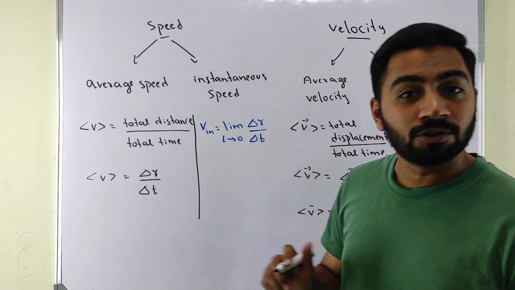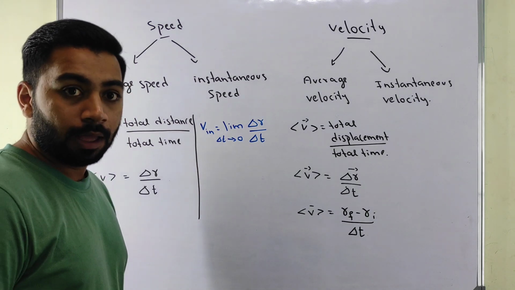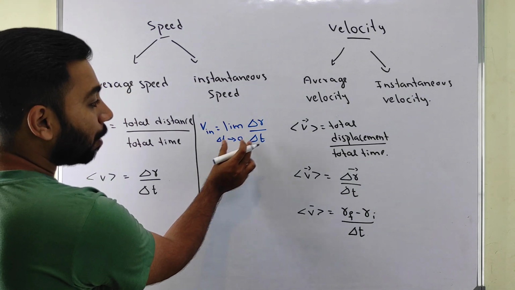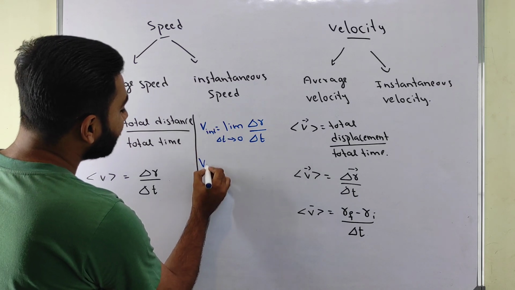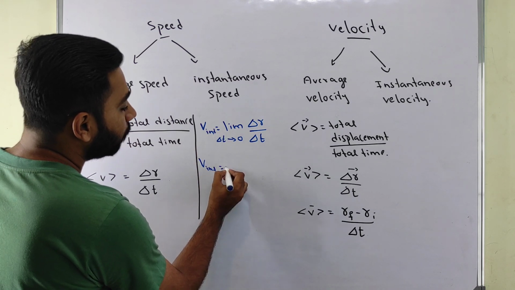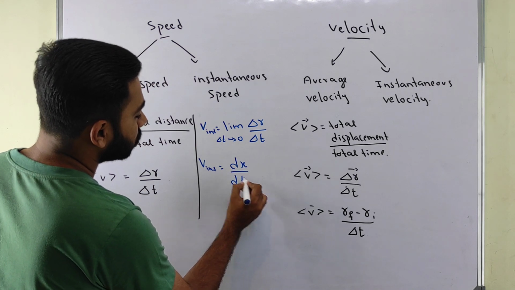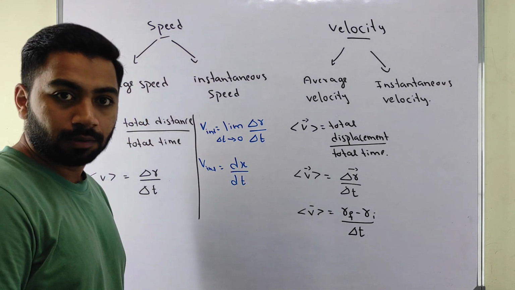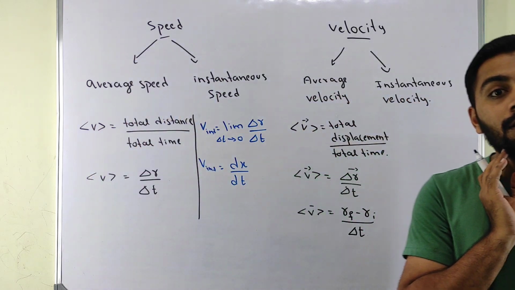Instant means approximately equal to 0, which means your time is almost equal to 0. When I write the limit as time tends to 0, my instantaneous velocity turns into dou of x by dou of t. Sir, is it differentiation? Yes, it is differentiation only.